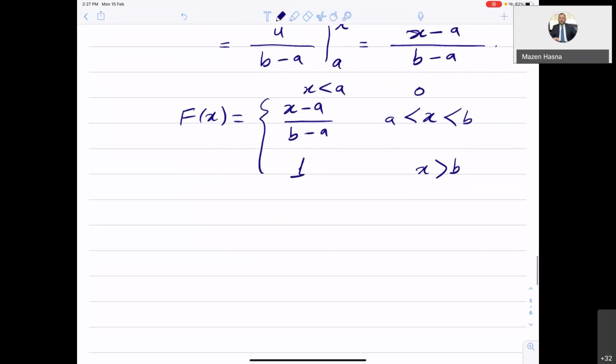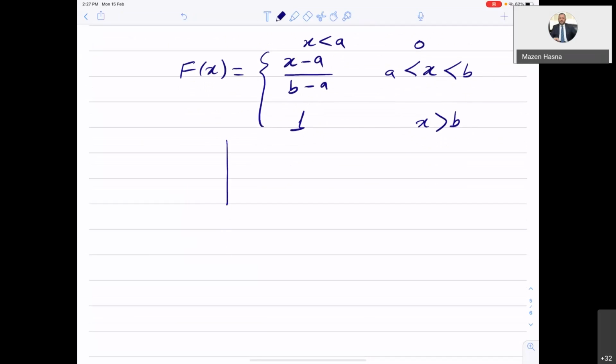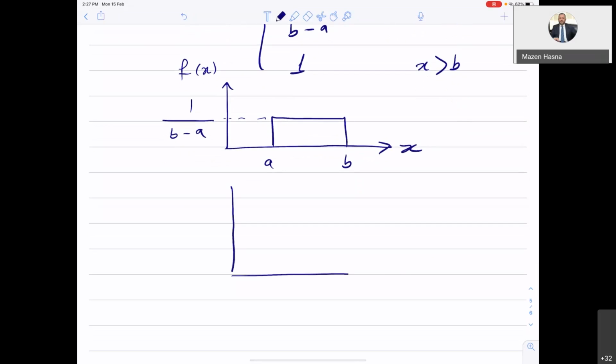If this is our small f of x, then the capital F of x, we know it should start at 0 somewhere, so it will go all the way until you reach a.